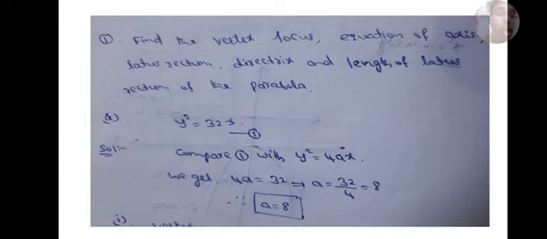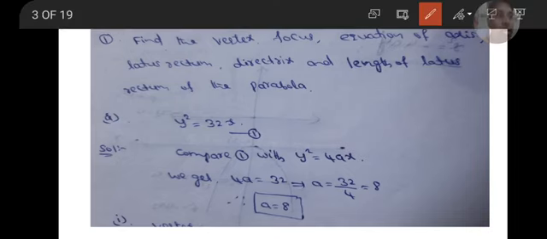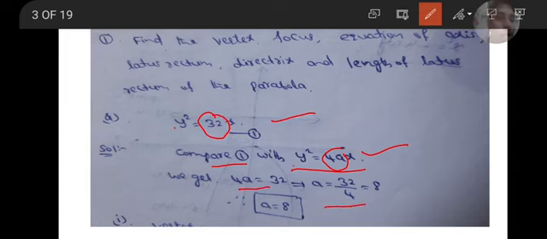Take it as equation 1 and compare it with y square equal to 4ax. The LHS is the same; on the RHS, 4a is the x coefficient, so 4a equal to 32, that is a equal to 32 by 4, therefore a equal to 8.